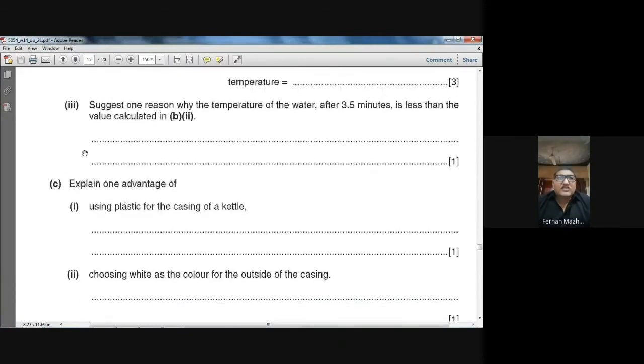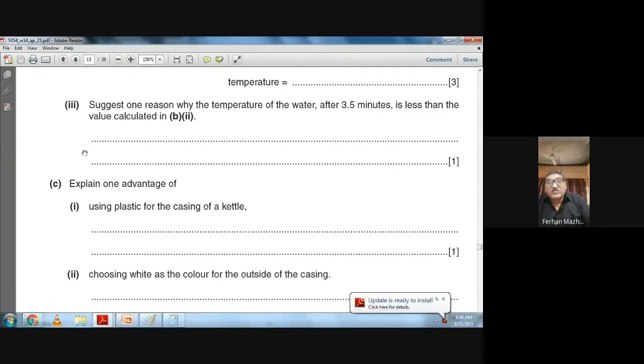Okay. The next question is: suggest one reason why the temperature of the water after 3.5 minutes is less than the value calculated in the previous part. We just calculated that the new temperature after heating will be 91 degrees centigrade. But the question is about the real temperature, which will be less than 91 in actual practice.